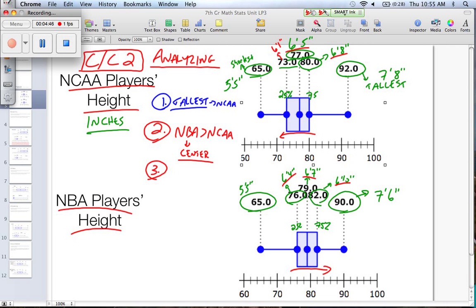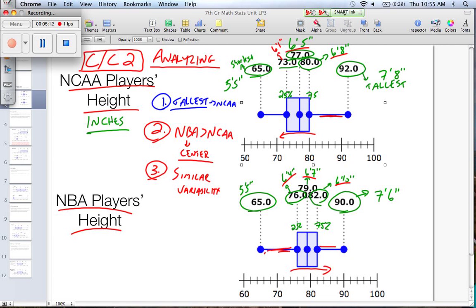The data, if we look here at our whiskers for both, have relatively similar variability. Your whiskers are roughly the same. The lower whisker is bigger for the NBA, the upper whisker is bigger for the NCAA.